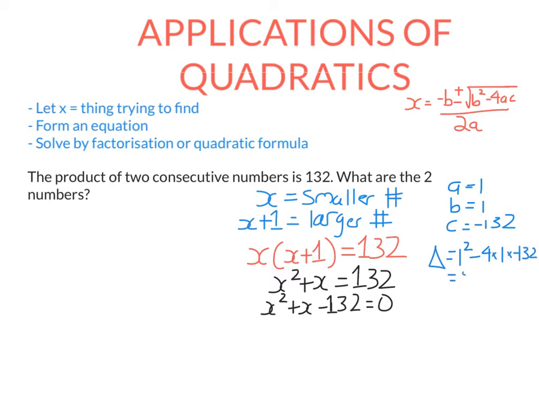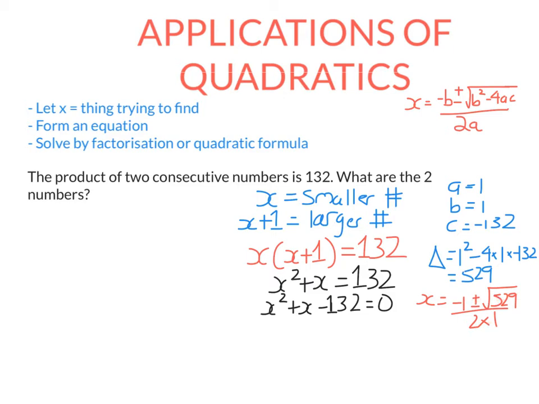And that gives us 529. So there will be two solutions. x equals minus b plus or minus the square root of the discriminant over 2 times a. So we get minus 1 plus root 529 over 2.